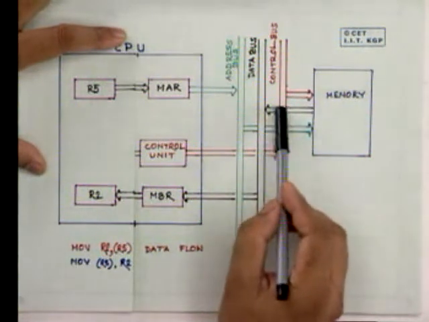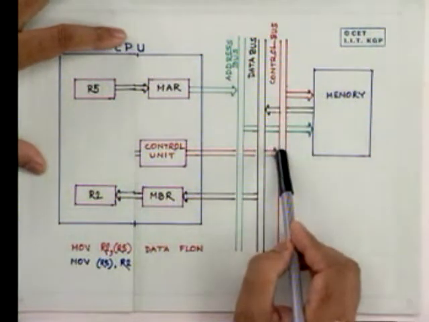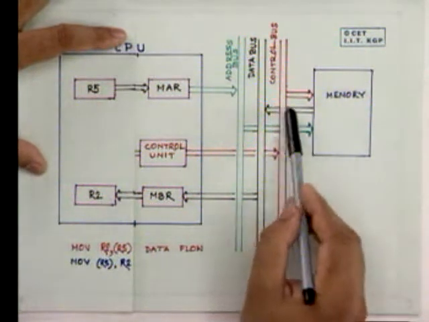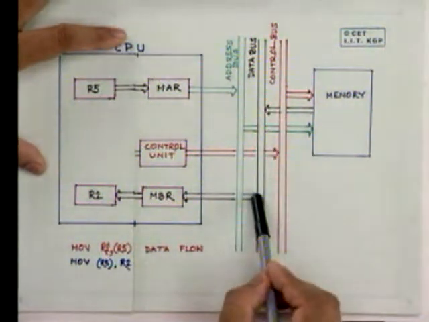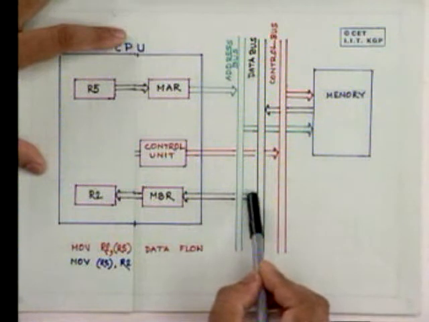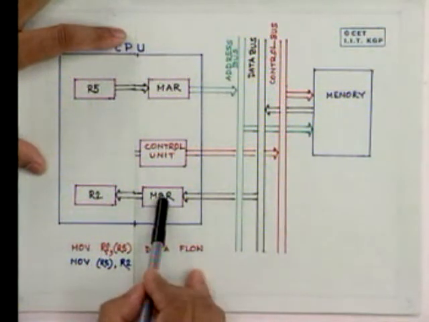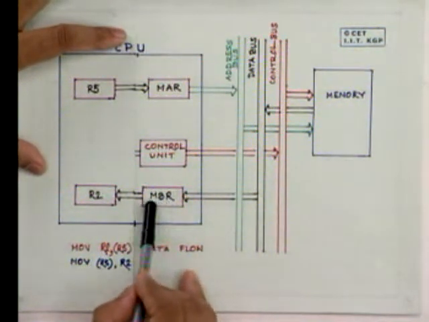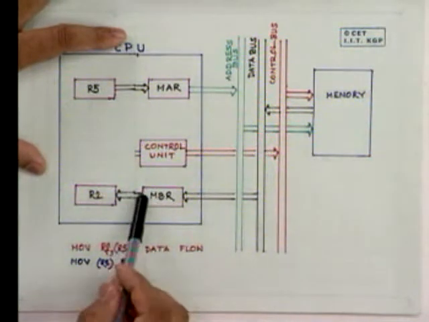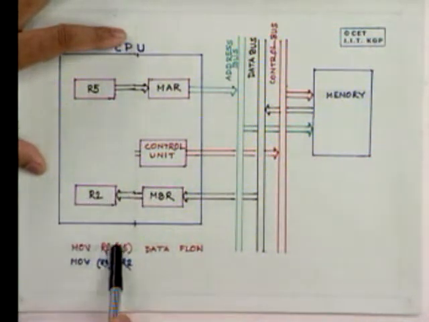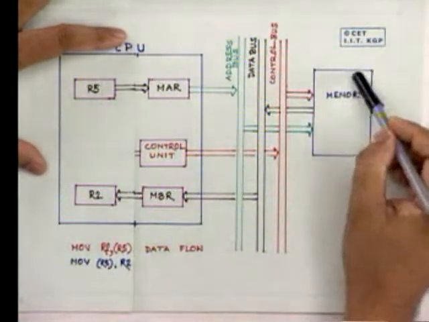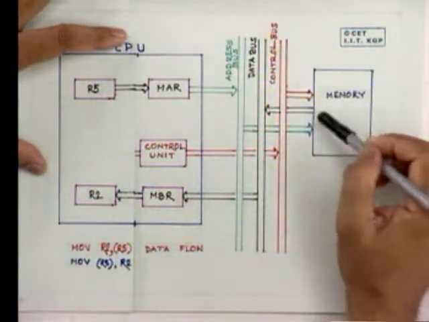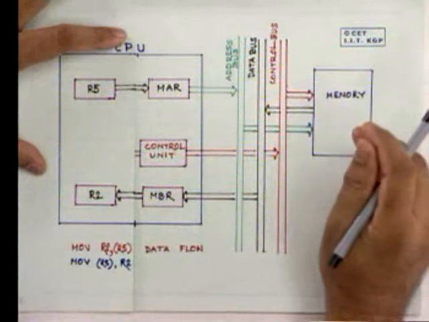The memory will say through the control bus once more that the data is ready. Then from the data bus, the data should be channeled into the MBR, the memory buffer register, and from there the data should be channeled to R2. Once more you see there is a memory read cycle involved over here.